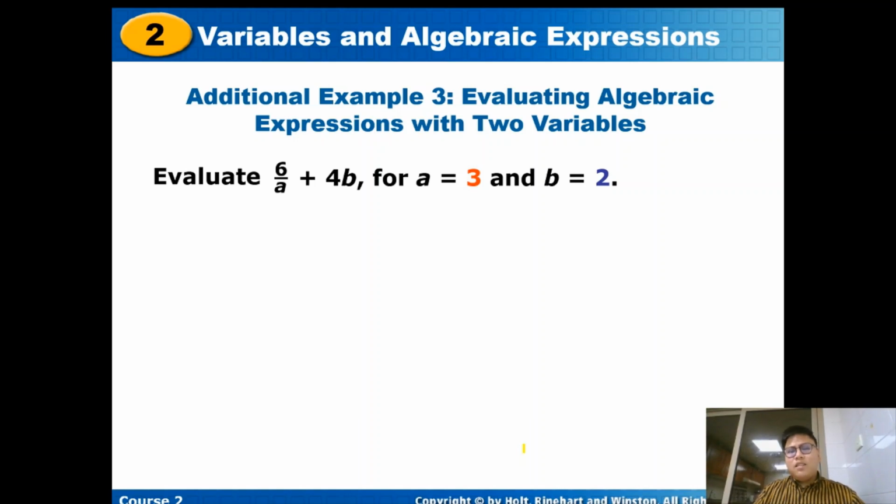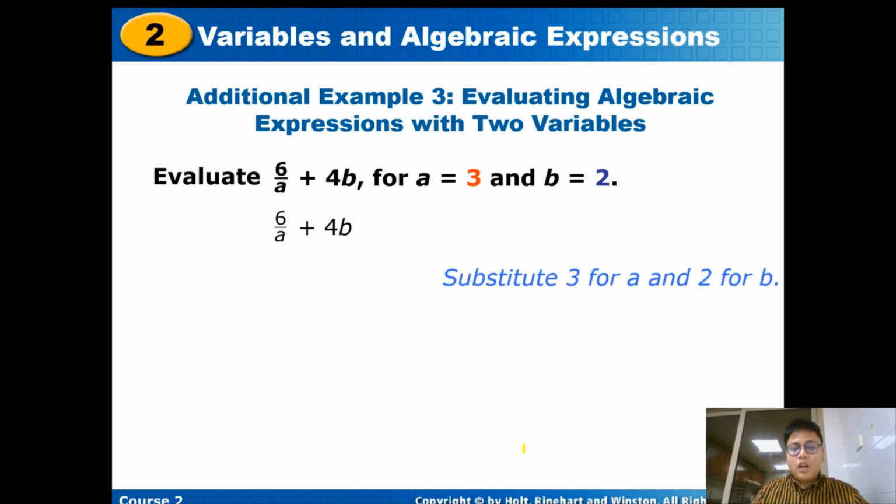Okay, last, I think this is the last example. It's for division. Again, substitute 3 for a and 2 for b. So a will be changed into 3 and b will be changed into 2. You can see here already that we have 3 here and we have 2 there.